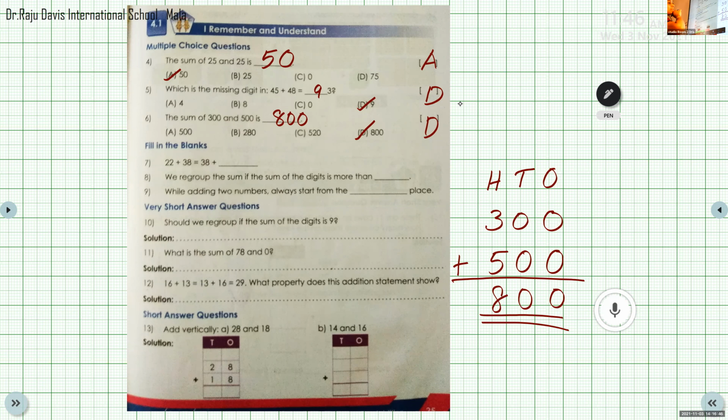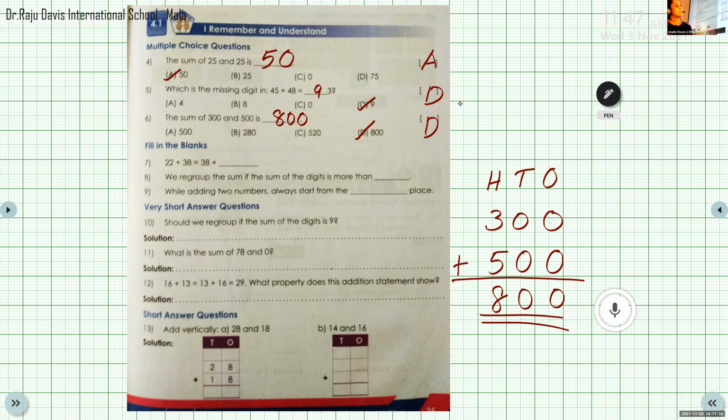Okay. Then next question for Sri Parvati. Sri Parvati, please unmute. Yes, ma'am. What is the 7th question? 22 plus 38 is equal to 38 plus 22. Very good. Which property of addition is it?